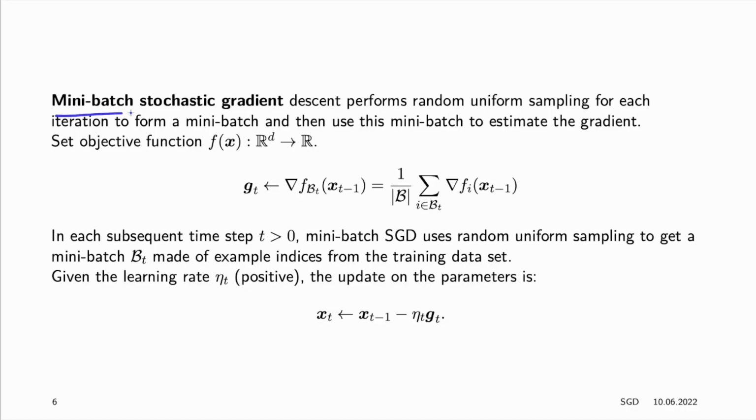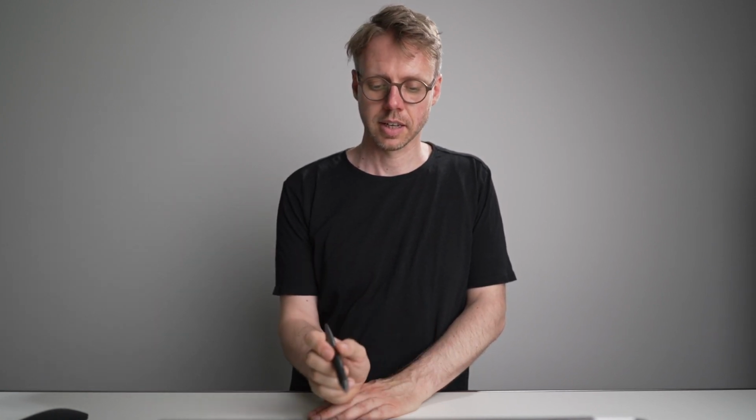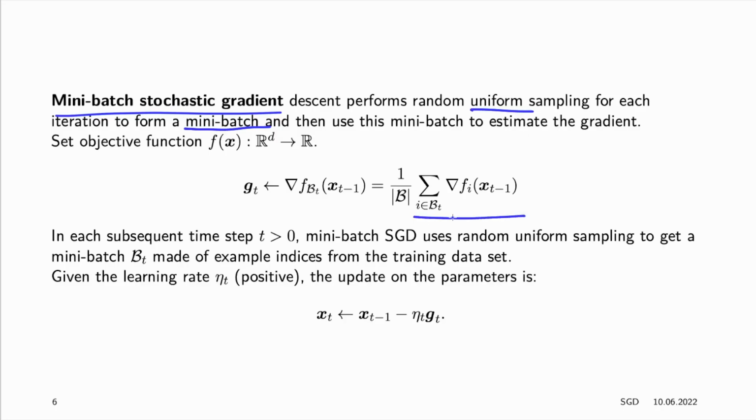Of course, you can also do something in the middle, and that's so-called mini-batch stochastic gradient descent. In mini-batch gradient descent, you're uniformly sampling a random subset, a so-called mini-batch, of fixed size from your whole training data set, and instead of averaging over the whole data set as in batch gradient descent, you're now averaging only over this mini-batch.